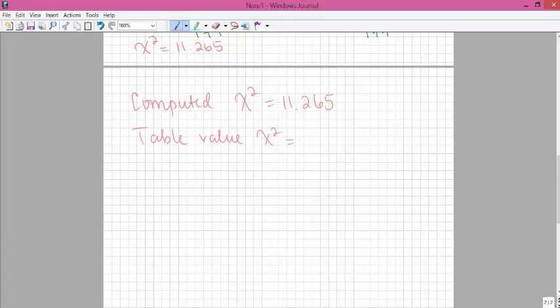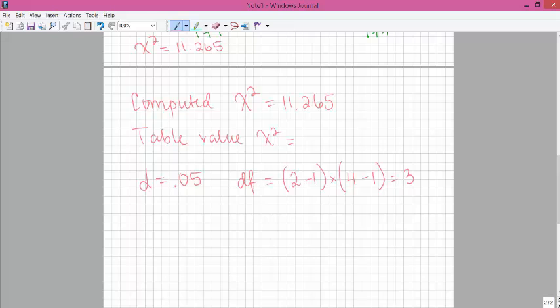Okay, so what do we need? We need alpha, and that's 0.05. We need degrees of freedom. What is degrees of freedom? Number of rows, 2, minus 1, times number of columns, 4 in this case, minus 1. So 2 minus 1 is 1, 4 minus 1 is 3, 1 times 3 is 3.